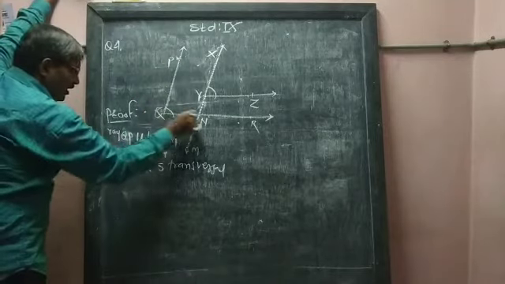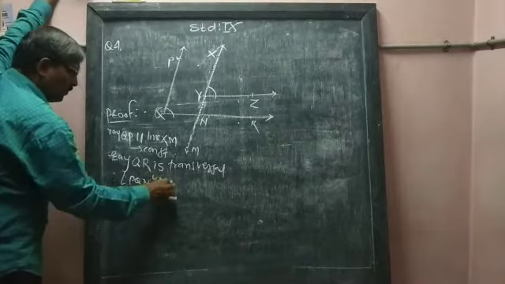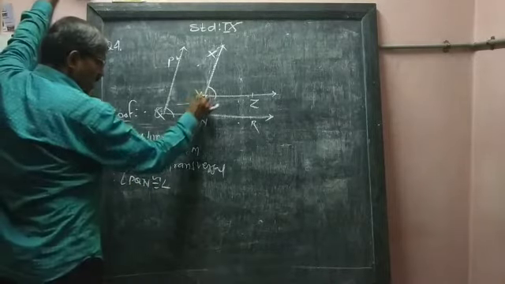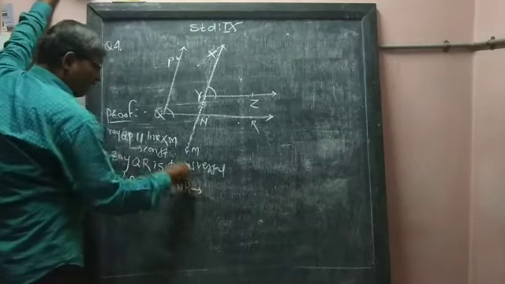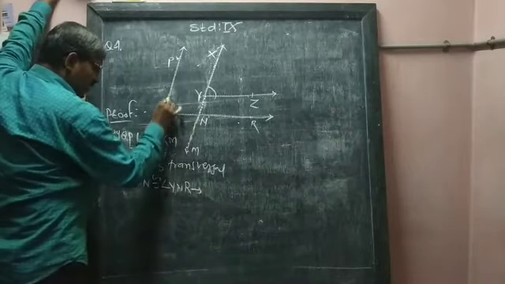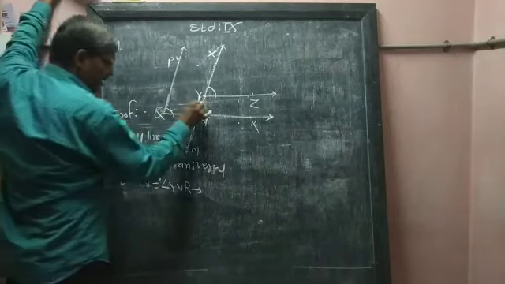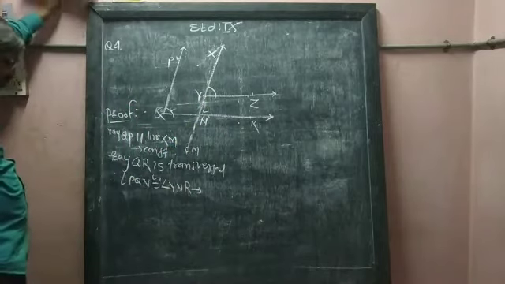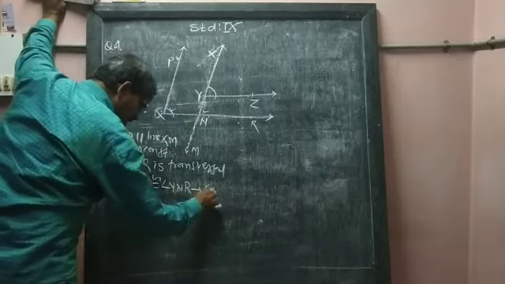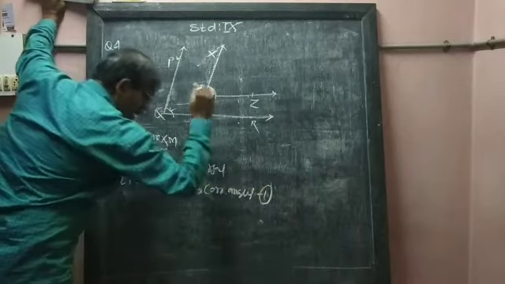Therefore, angle PQN is congruent to angle YNR. Why? Because this angle is below this line, on one side of the transversal. In a similar way, angle N is also below the transversal, and therefore these are corresponding angles. This is number 1.